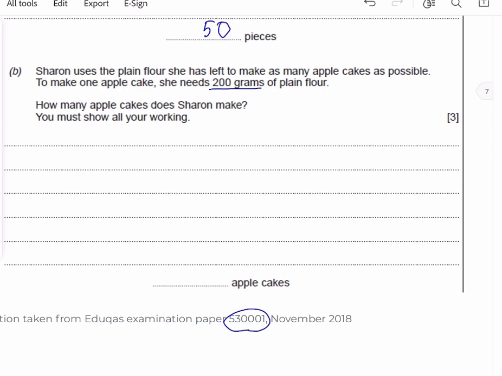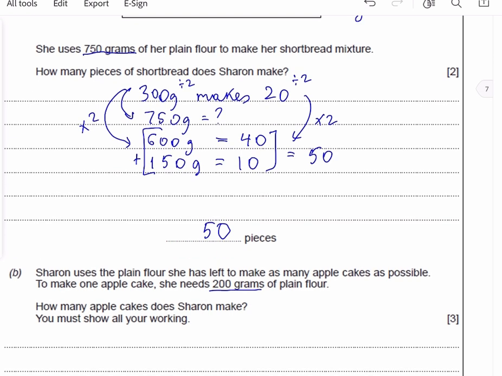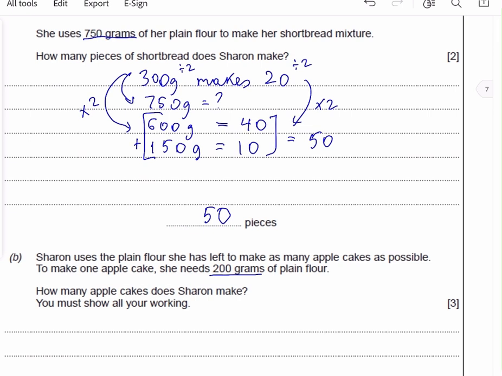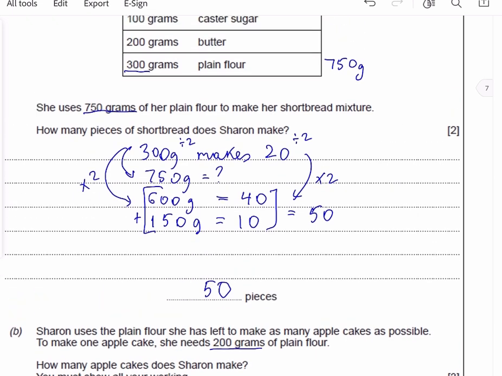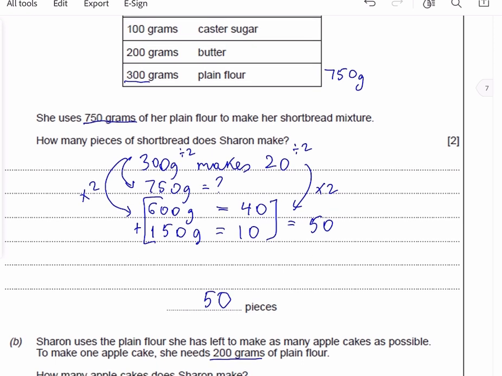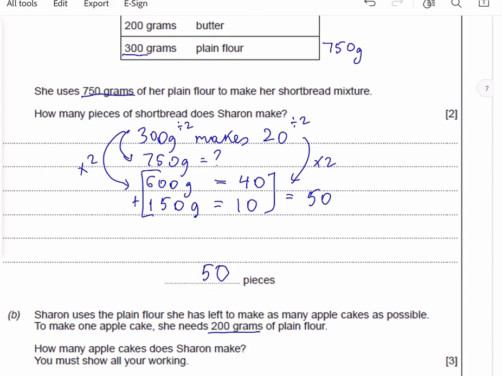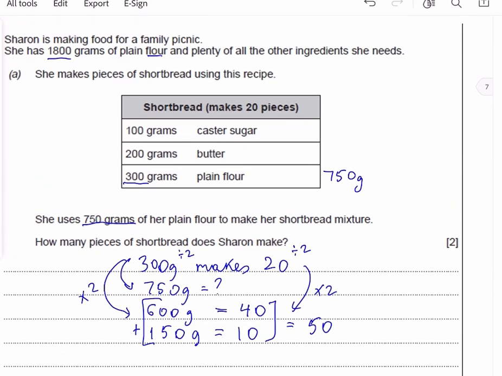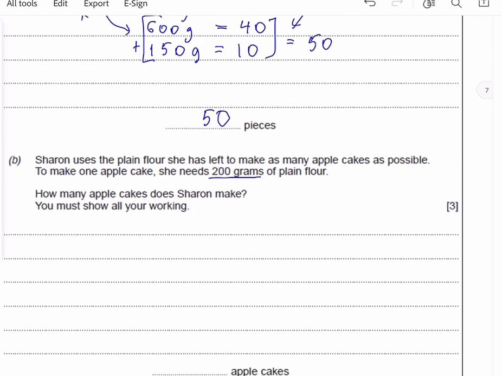So part B. She needs 200 grams of plain flour to make one apple cake, and she uses the plain flour that is left. Let's see how much is left first of her flour. How much did she have to start with? At the beginning, 1,800. Yes, 1,800 grams she had. Then she used 750.